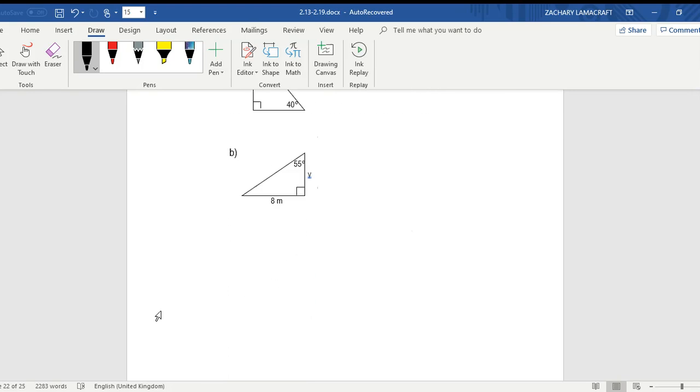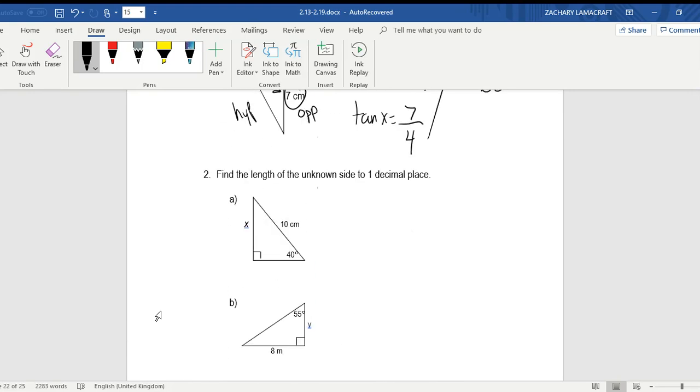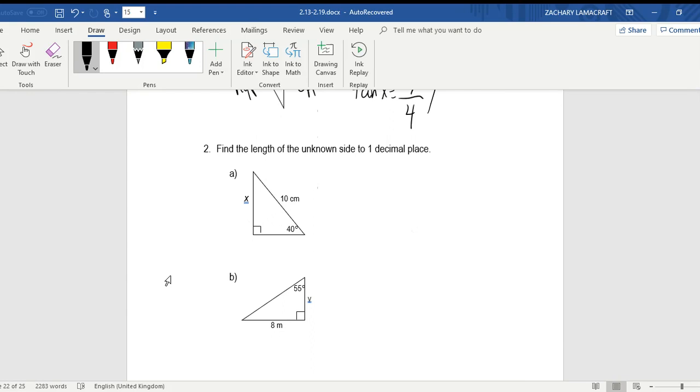Okay, the next one says find the side lengths of the unknown side to one decimal place. So whenever there's an x, guys, that's where x or y or any of the letters, that's what we're looking for. So for the first one, what do we use?